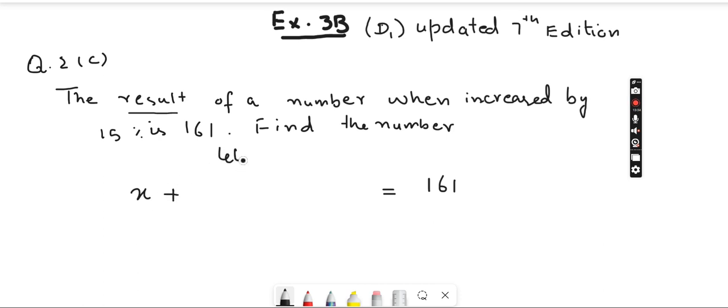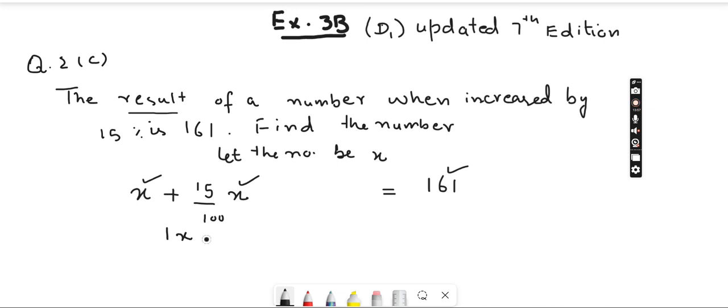Let the number be x, and the result is 161. And when is this result? When that number is increased by 15%. In that number there is an increase of 15%.